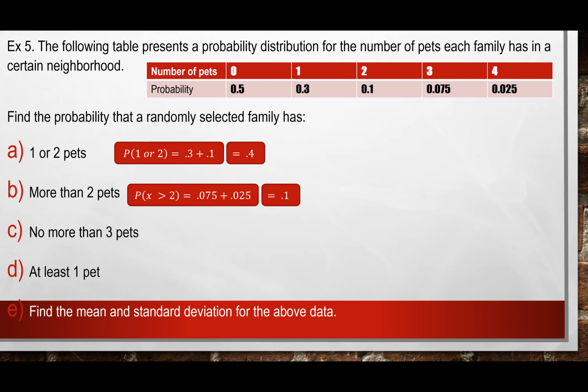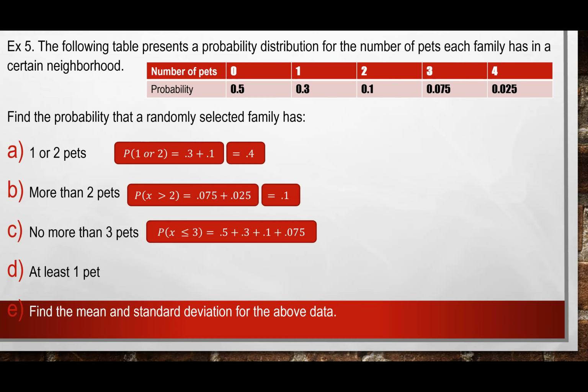No more than 3 means we are looking for something that is 3 or less, because 3 is not more than 3, 2 is not more than 3, 1 is not more than 3, and 0 is definitely not more than 3. So basically they tell you to find the probability of 3 or less. It cannot be fewer than 3, since fewer than 3 would be the 2, right? It has to be at most 3 or less.